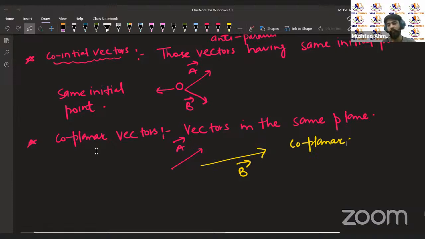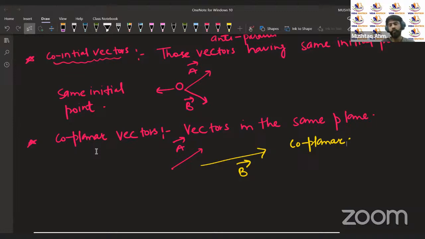But with more than two vectors, the vectors can be coplanar or they cannot be. Suppose we have two vectors in the same plane, but a third vector is placed perpendicular to the plane. So we cannot say that all three vectors are coplanar. Two vectors are always coplanar, because if we join the two vectors, we can always pass a plane through them.